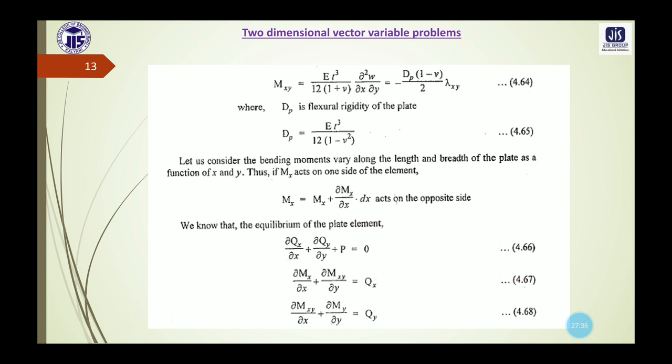Now this Dp is the flexural rigidity of the plate, that is Et cube divided by 12 into (1 minus nu square). So this is our equation 4.65.